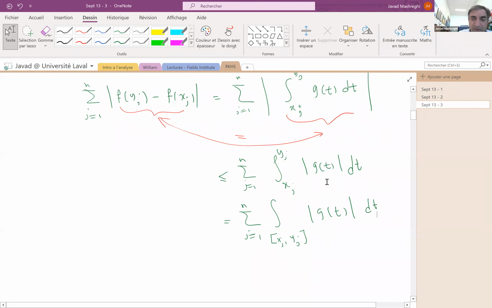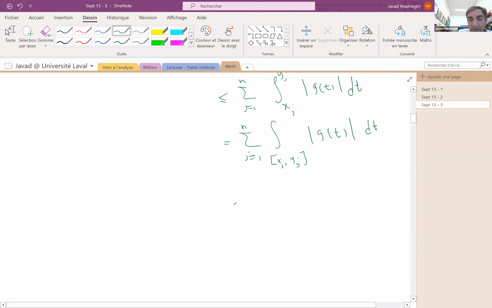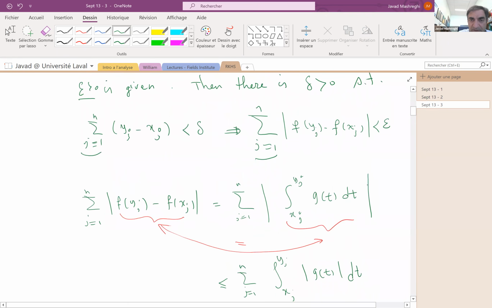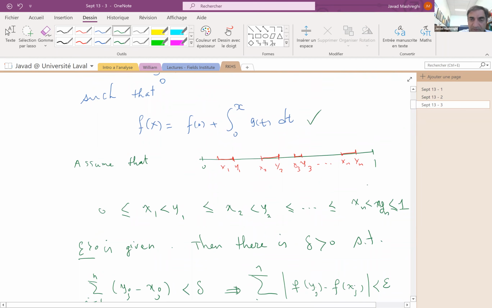And since these are not overlapping, it's the integral over the union. In other words, you calculate the area under the absolute value of g over these intervals here, here, here, and here. The absolute continuity here means that if this set is small, then the area is small.